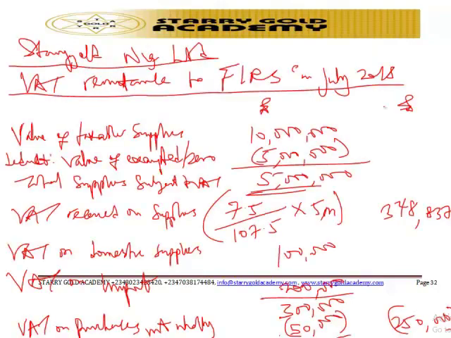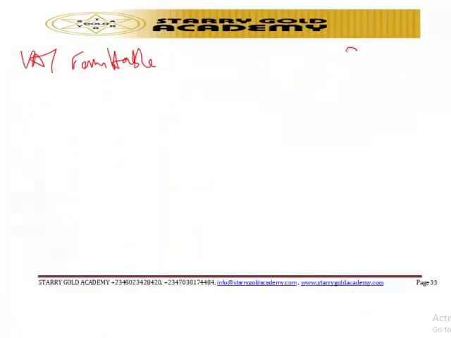That gives us our VAT payable of 348,837 minus 250,000, which is 98,837. So that's our VAT remittable or payable at the end of the month.